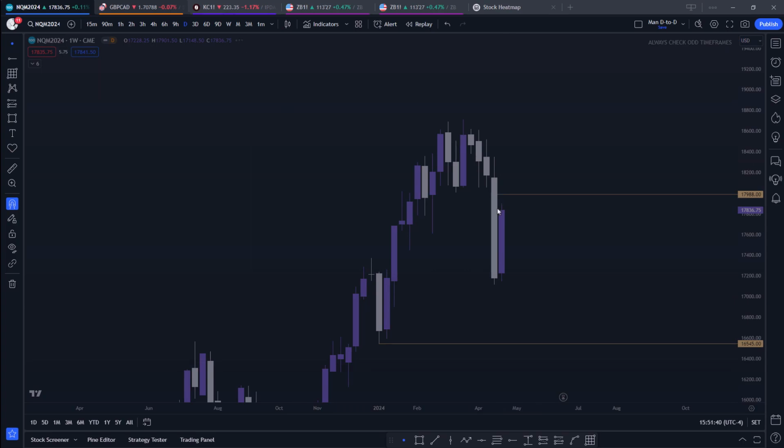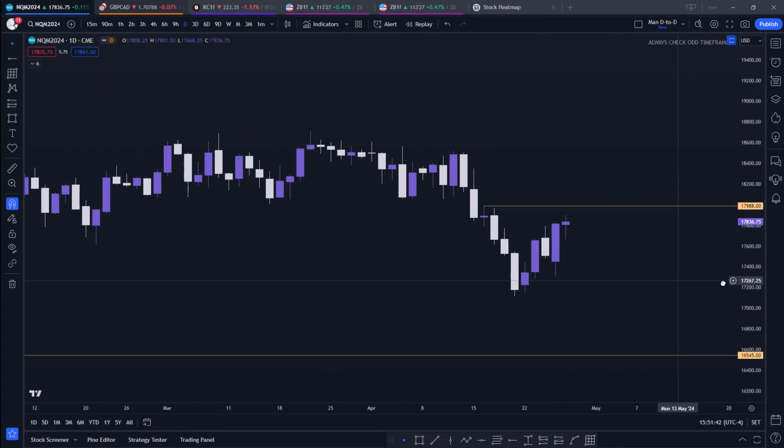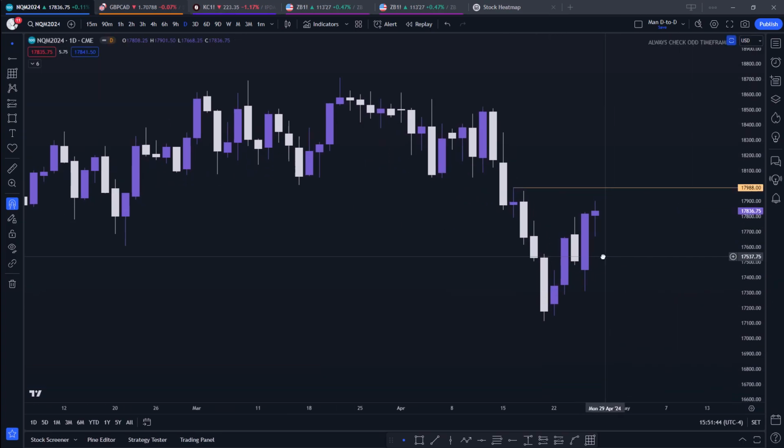The daily time frame, we see that price is now trading in the premium portion of this range, as we outlined in the previous weekly outlook video. So when we outline this range, we see that the 50% mark is right there. We have now traded into that fair value gap, and we are likely to trade into this premium fair value gap.